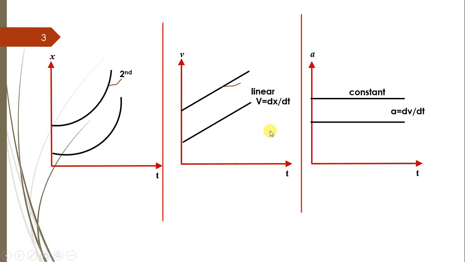Like here, if we consider the area under this v-t curve, the area of this triangle represents the change in position from x1 to x2, or from 1 to 2 seconds, and the slope of this curve, dv by dt, represents the acceleration value.